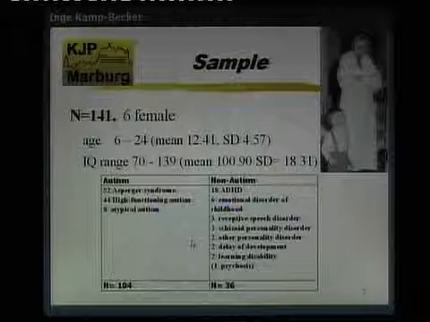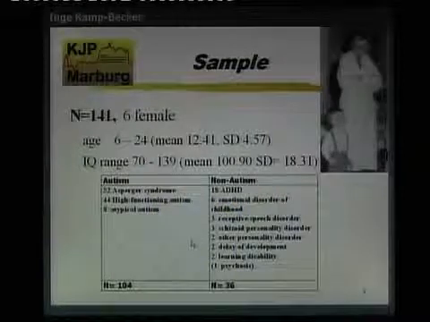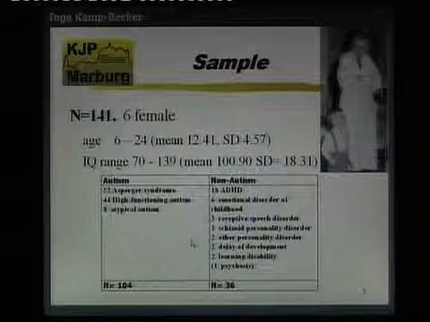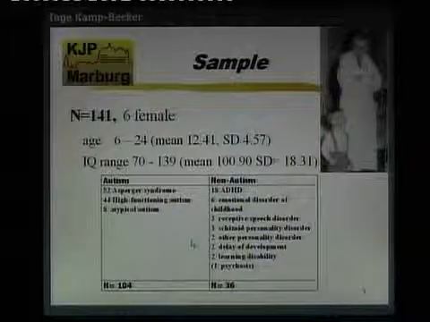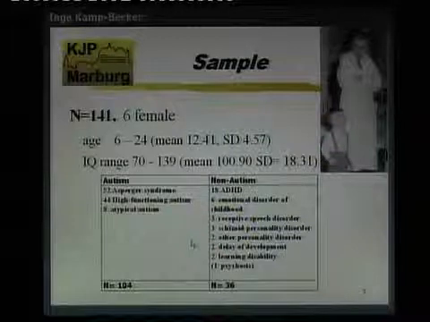Our sample consists of 141 subjects, 6 female subjects. The age ranged from 6 up to 25, and the IQ from 70 up to 139. So it is really a sample of high-functioning affected children. 104 subjects received an autistic diagnosis, and 37 subjects got a diagnosis of non-autism, which you can see here.